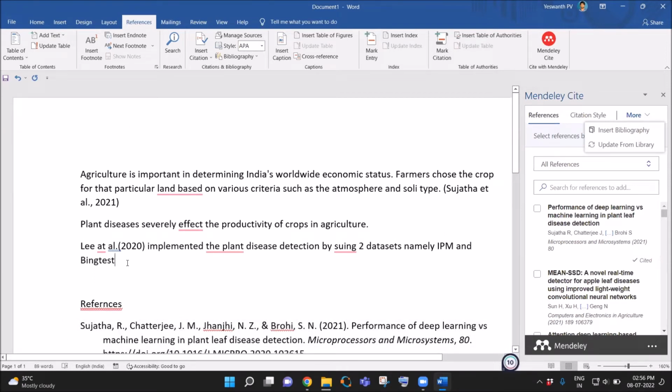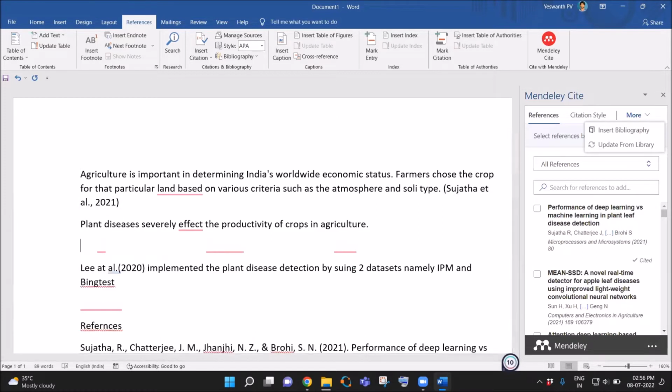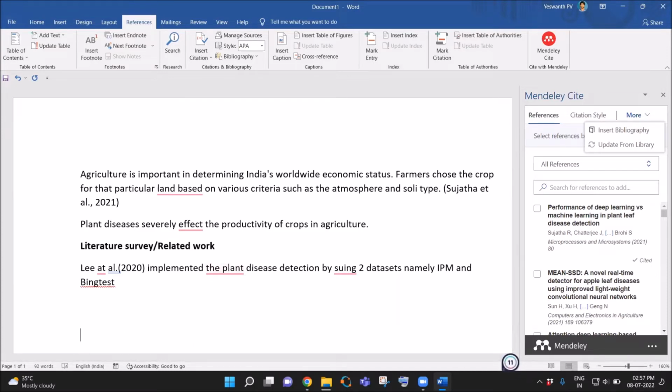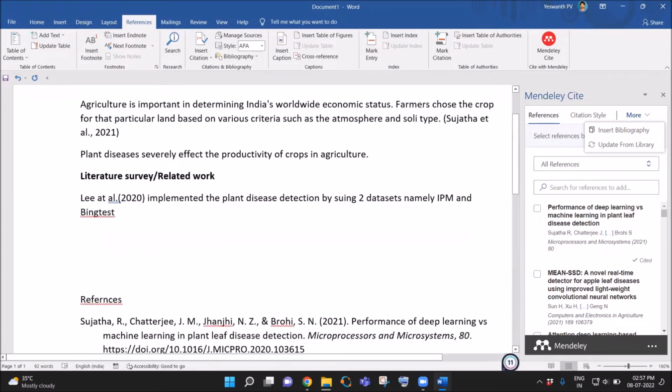When we are writing the literature survey, this part is called a literature survey. This is the introduction. This is also called a literature survey or related work. So presently we are doing the literature survey. We are expecting the introduction for different papers.